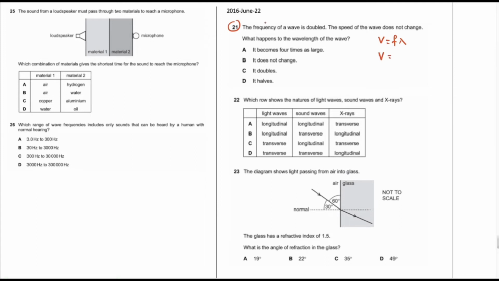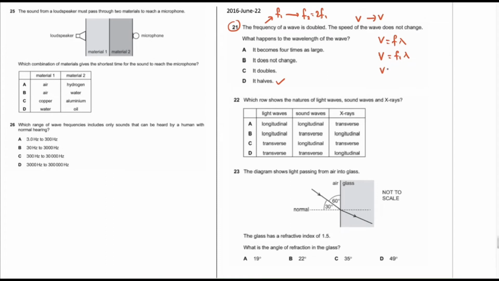Initially it is f1, then after that it doubles and becomes f2, where f2 equals 2f1. The v is the same, after that still v. Is the answer D? Half, correct. I just put in the calculation to let you see. So f1 lambda.